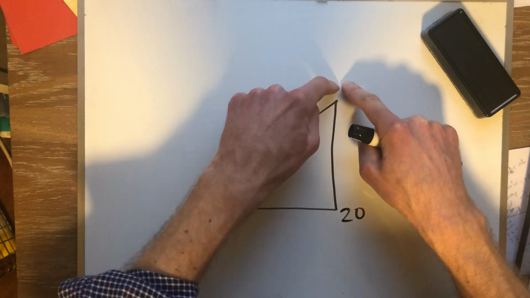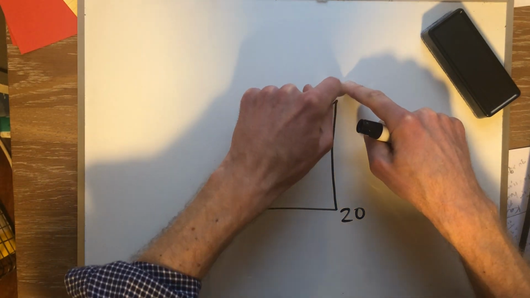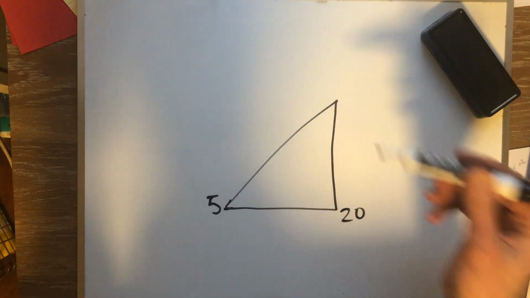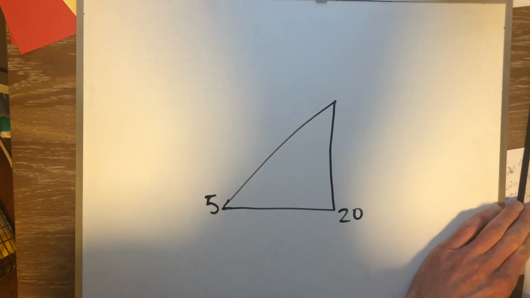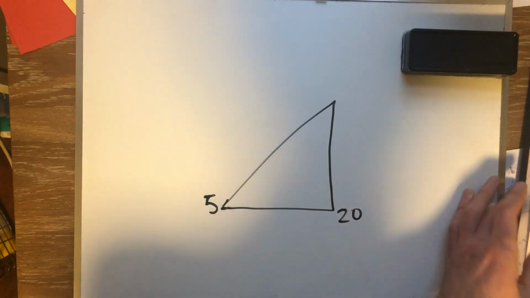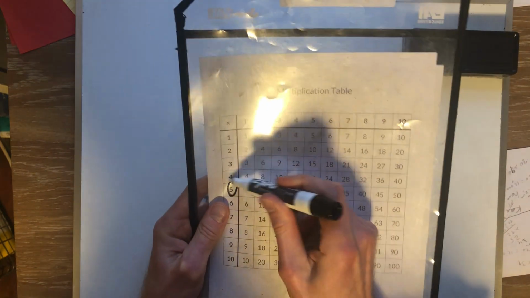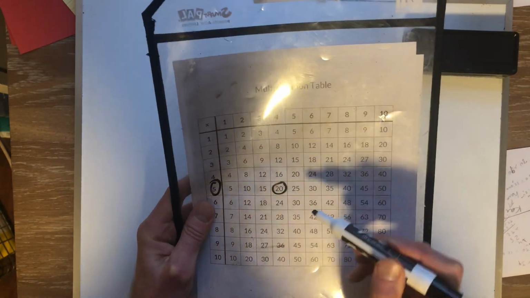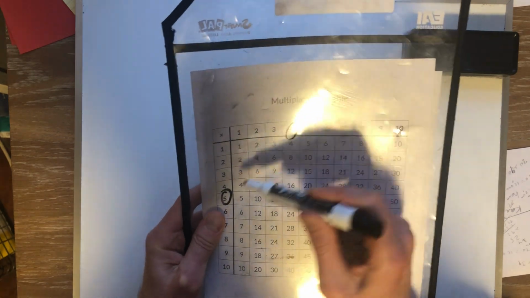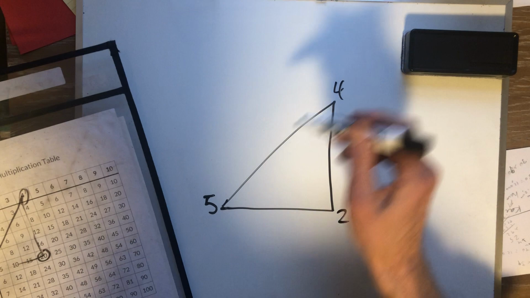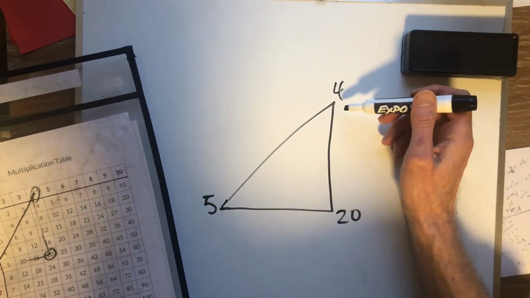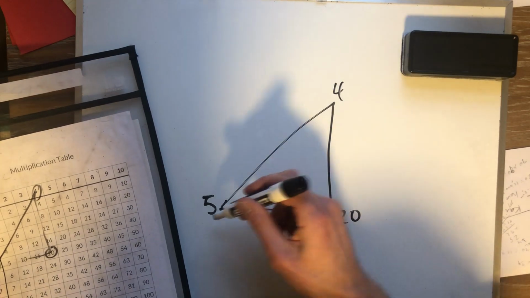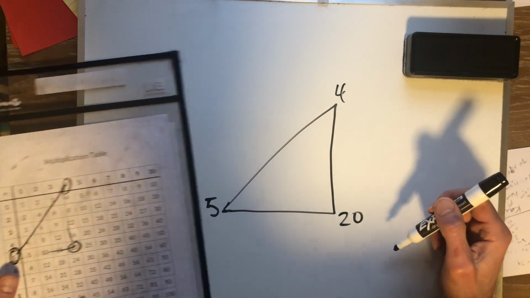Or 5 times the mystery number is 20. So what's that missing number? If you're not sure, you find 5 here, and you find your 20, and then just go up. Oh, it's 4. 5 times 4 is 20. 20 divided by 5 is 4. 20 divided by 4 is 5. It just works like that.